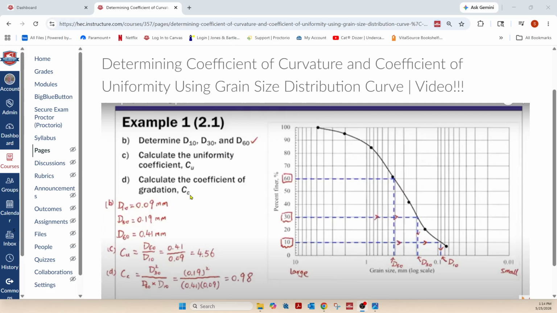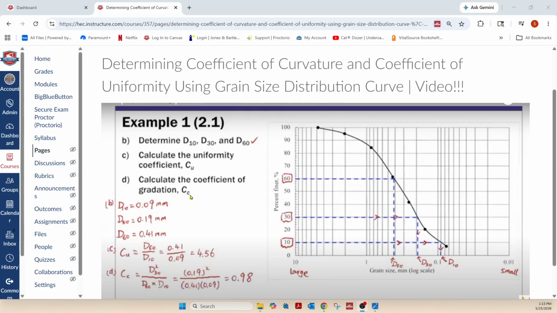Now, two coefficients are used only in the Unified Soil Classification System for classifying coarse-grained soils, as seen in section 2.4. They are the coefficient of uniformity, Cu, and the coefficient of curvature, Cc. Look down below, and they're defined as follows. The coefficient of uniformity involves D60, the diameter of the particle where 60% is passing.